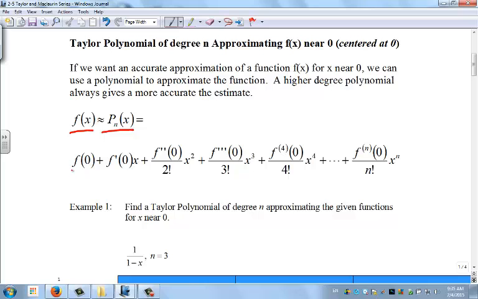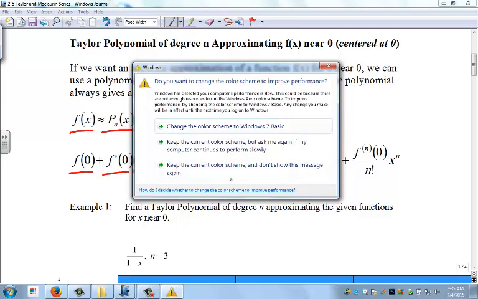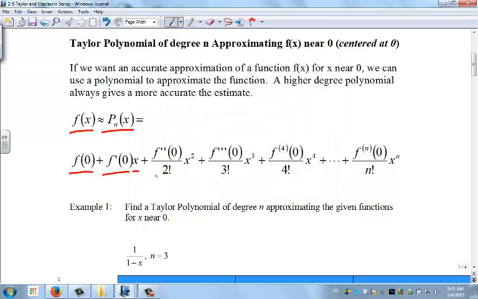We have f of 0 plus f prime of 0 times x plus f double prime of 0 times x squared plus f triple prime of 0 over 3 factorial times x cubed plus the fourth derivative times x to the fourth over 4 factorial plus all the way up to however many you need, all right? So it's a very simple formula to remember.